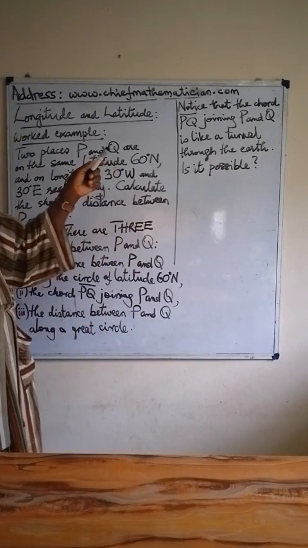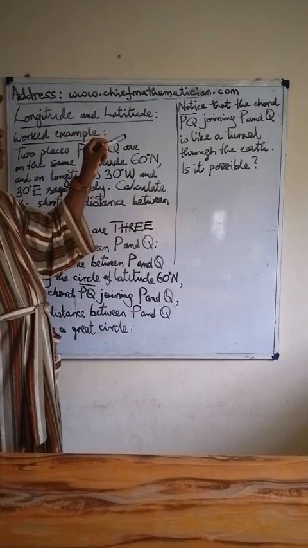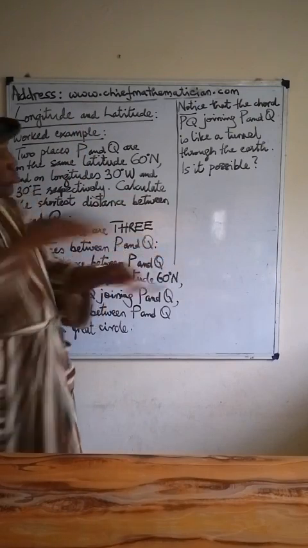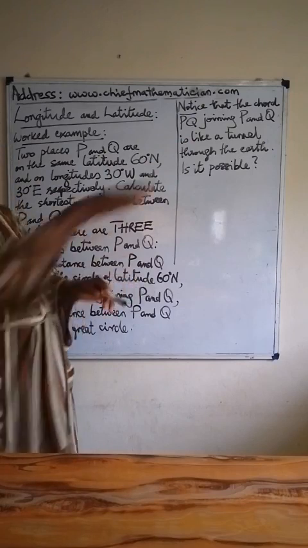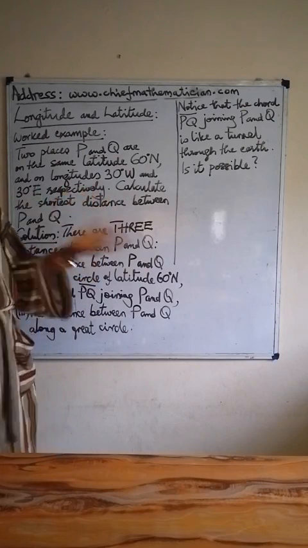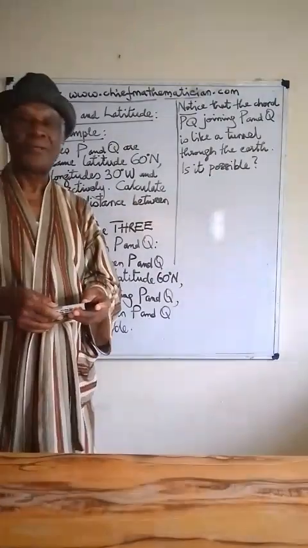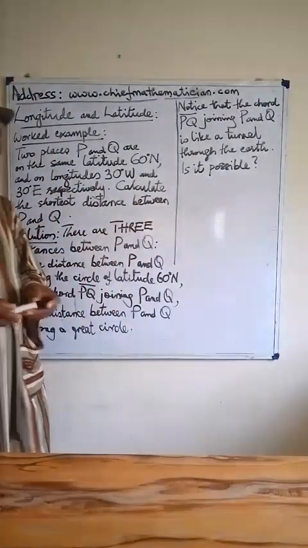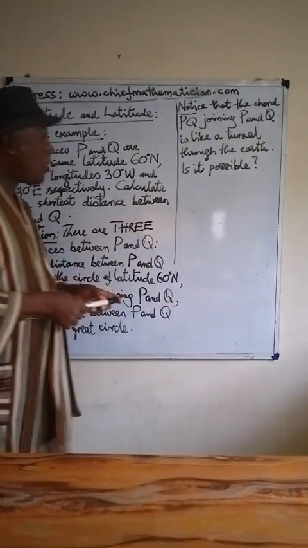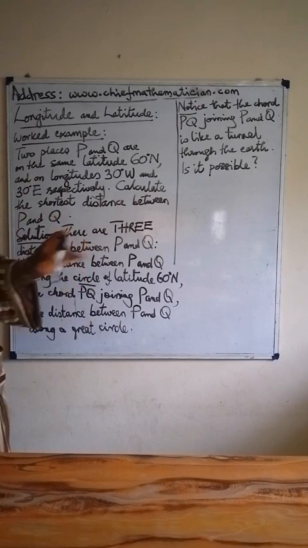But take note that the chord PQ, which joins P and Q, is like a tunnel because it is through the earth. It has to go through the earth. It cannot be on the surface of the earth. Even from the diagram, you will see clearly that it has to go through the earth. If it is possible to dig such a tunnel, it is left to our scientists. So, we are going to look at this problem now. We are going to look at the solution so as to arrive at our answer.